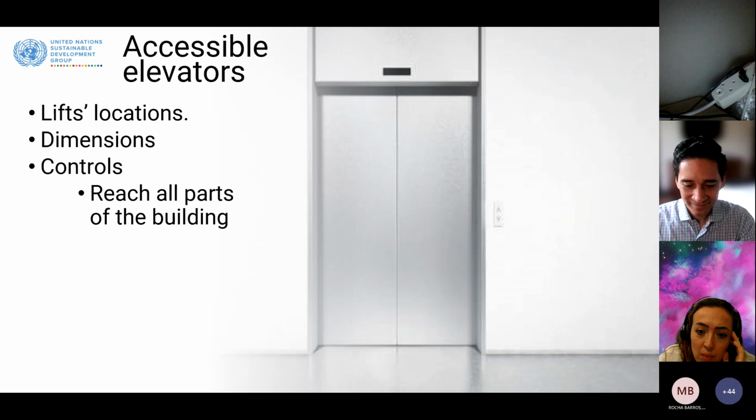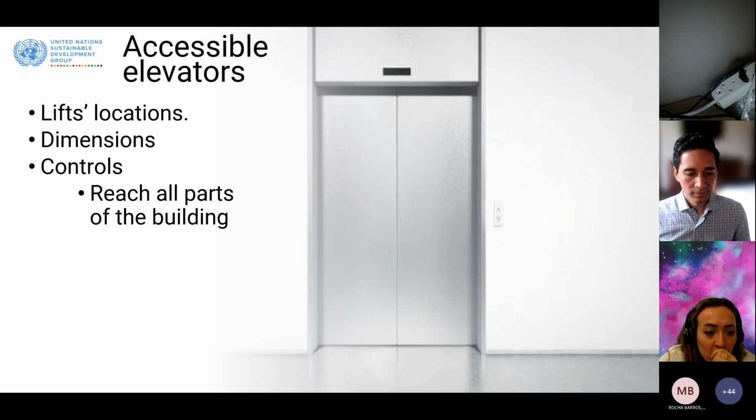Okay, the elevators. We have to consider the location of the elevators. They have to be located conveniently in the building so that users would be able to reach them and find them. Their dimensions have to be sufficient for a wheelchair not only to pass through them, but to be able to maneuver and turn around inside.